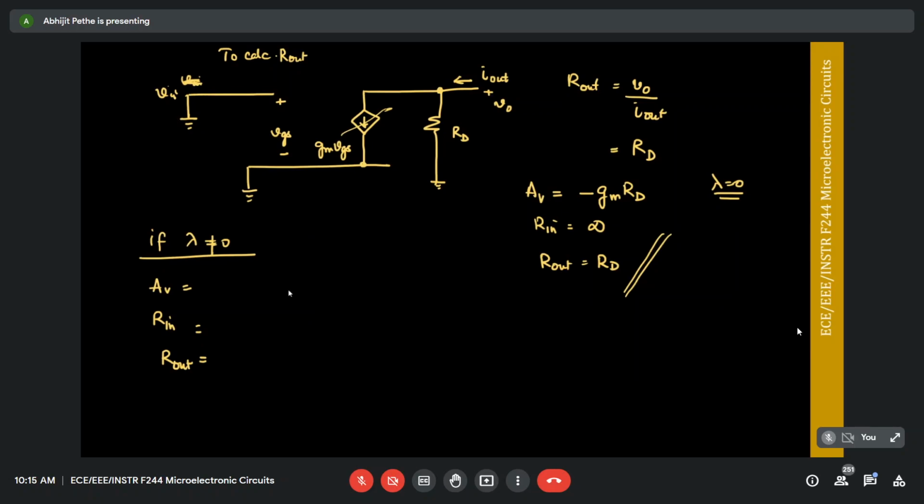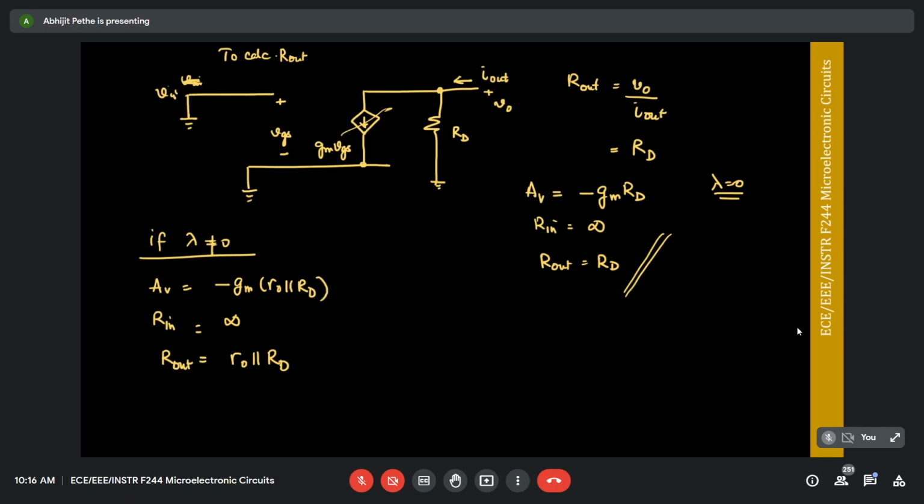Rin should be the same. What about AV? R out will be RO in parallel with RD. And AV is minus GM into RO parallel RD. Good.